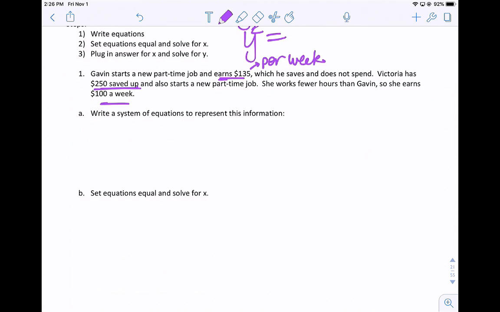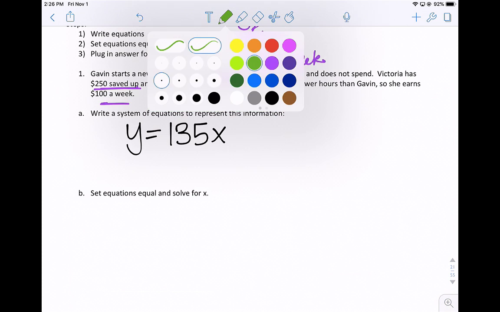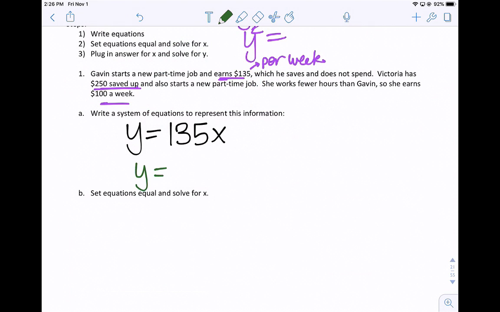Okay, so let's write a system of equations to represent this information. So for Gavin, he starts with nothing, but he earns $135 per week, whereas Victoria has some money saved up, $250, and she also gets a job and earns $100 per week.